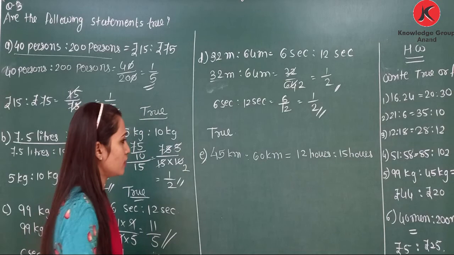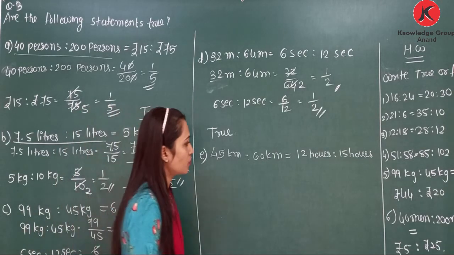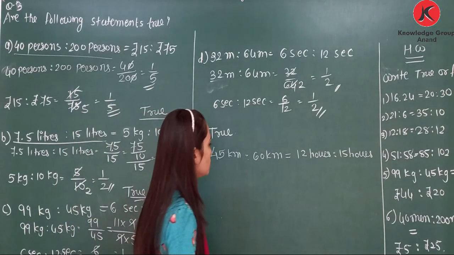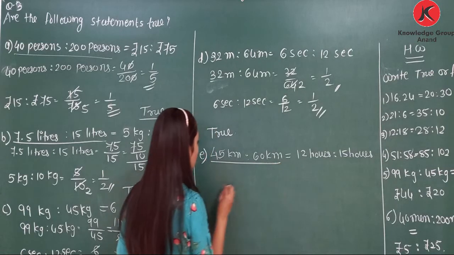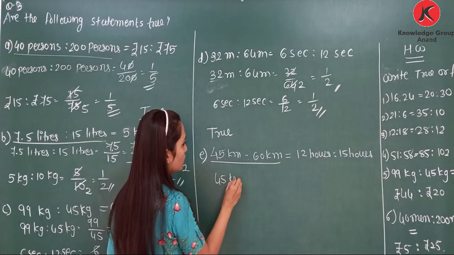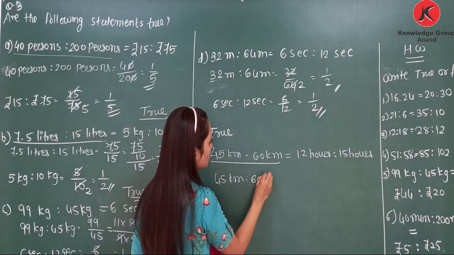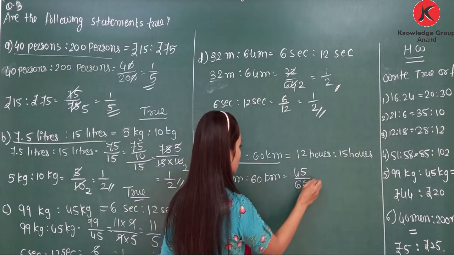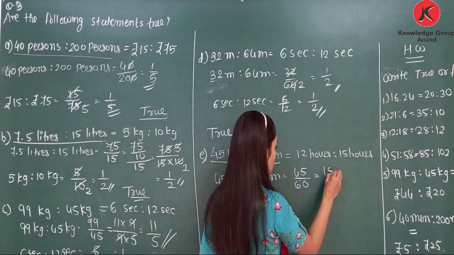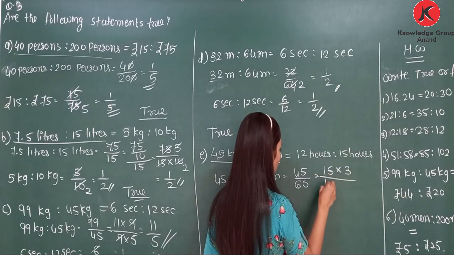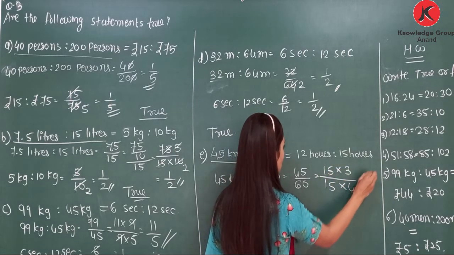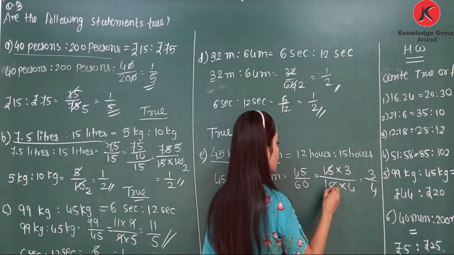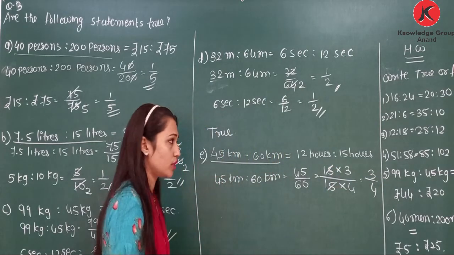Next one, 45 km to 60 km, 12 hours to 15 hours. So let's find the ratio first. 45 km to 60 km, so that is 45 divided by 60. Factorize this. So it is 3 by 4, 15 is common, we can cancel out that.